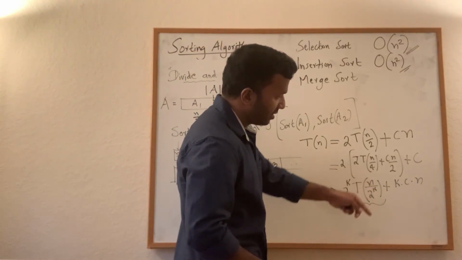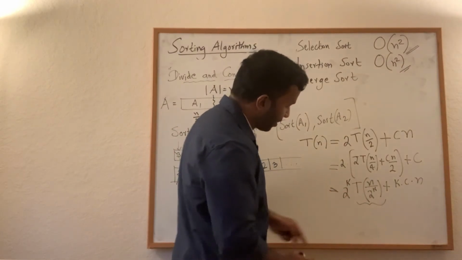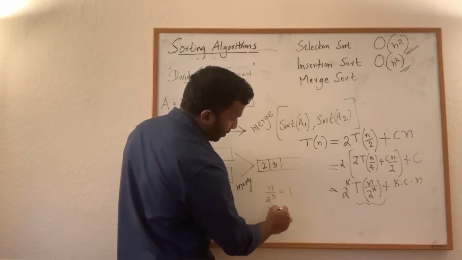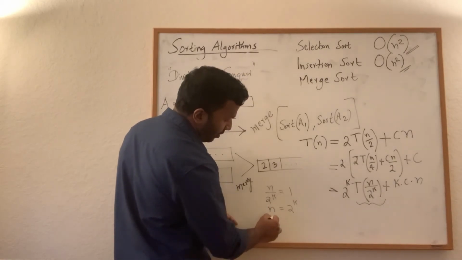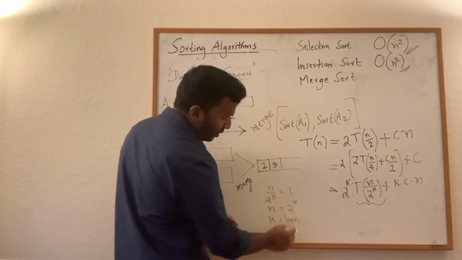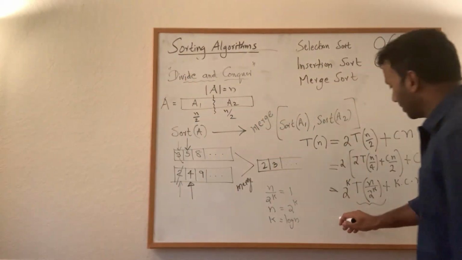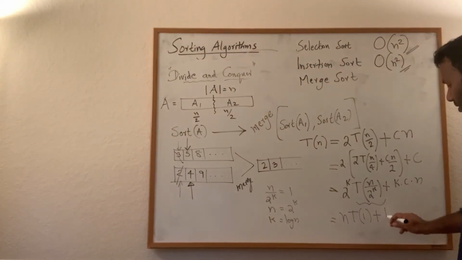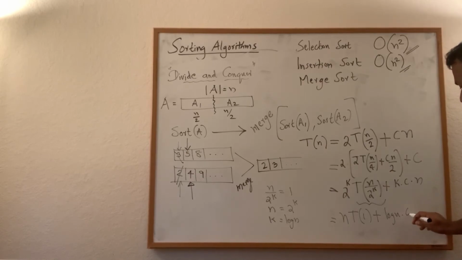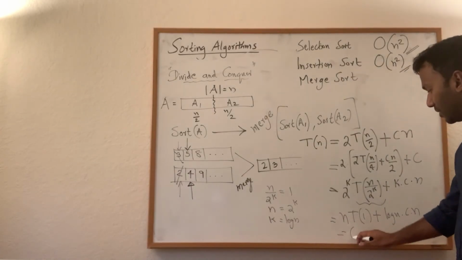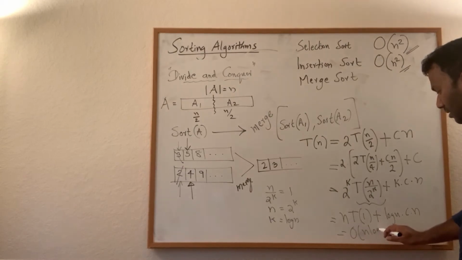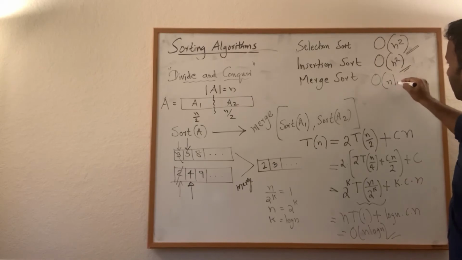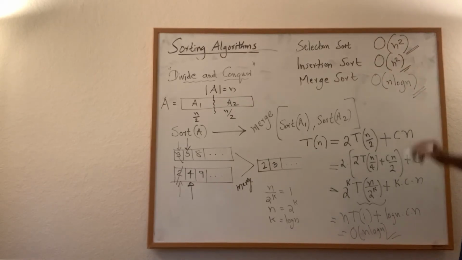So to make this quantity a constant, let's say 1, you should have n equal to 2 to the k, or k equal to log n, and if you plug in these things back here, this will become n times T of 1 plus log n times c times n, and the whole thing will become big O of n log n. So the time for merge sort is big O of n log n.